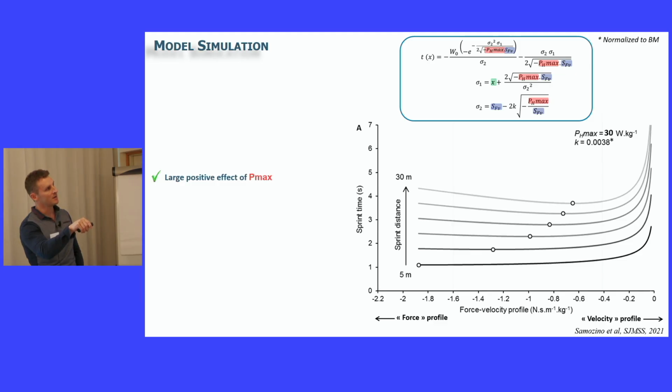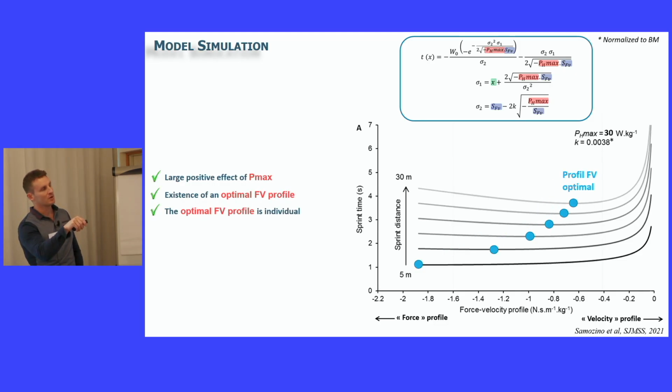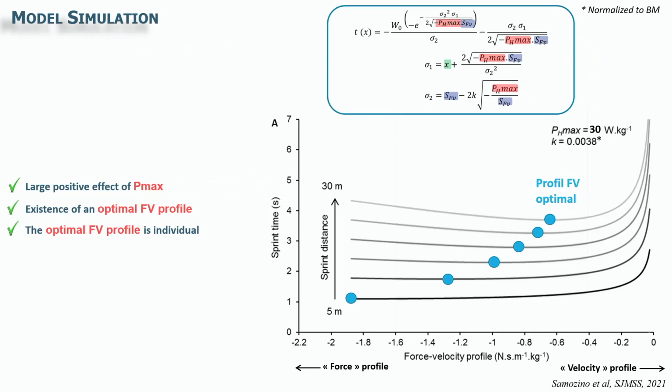So we have an optimal profile which minimizes the time to cover a given distance, and we have it for different distances. So there exists an optimal balance between F0 and V0 which can maximize the performance for a given maximal power. Without changing the maximal power, we can find the good orientation of the profile.